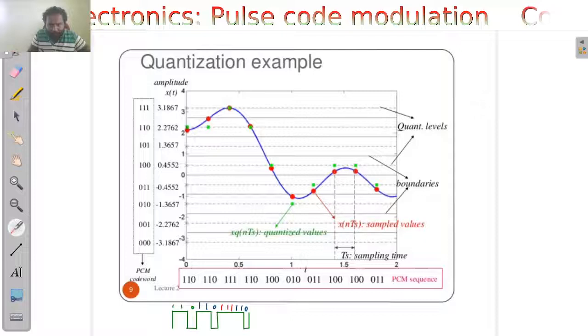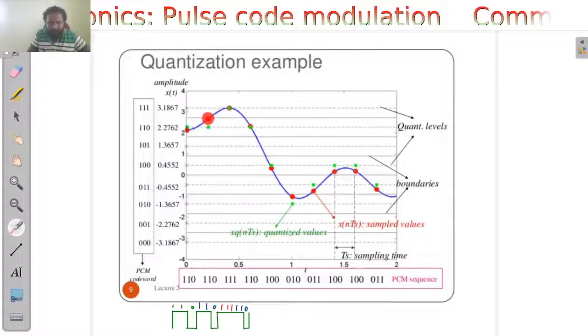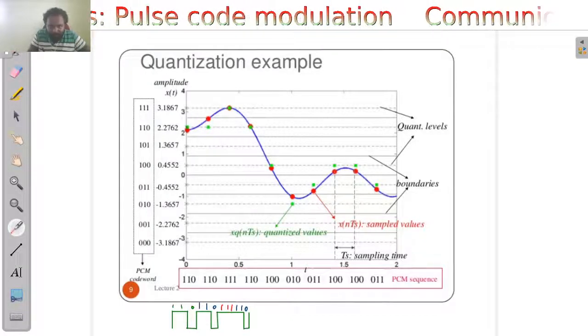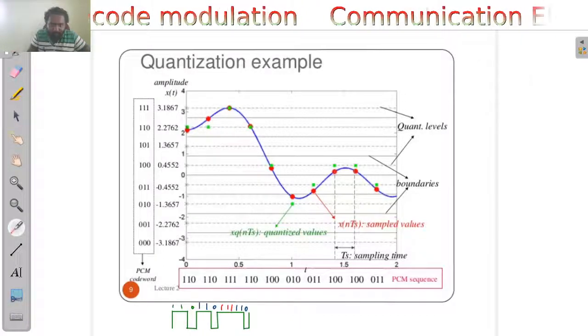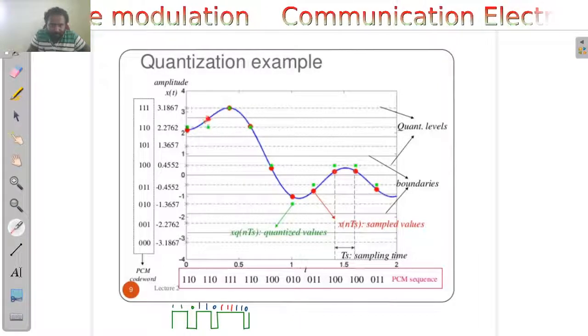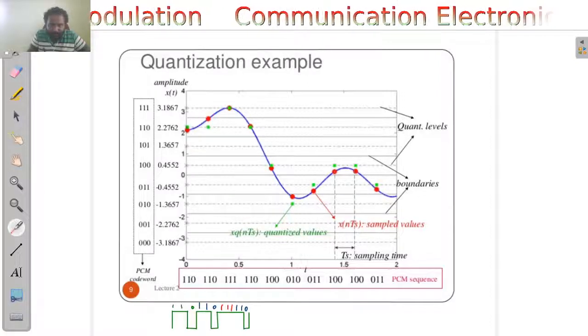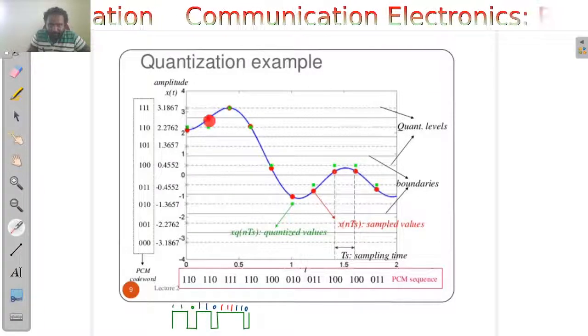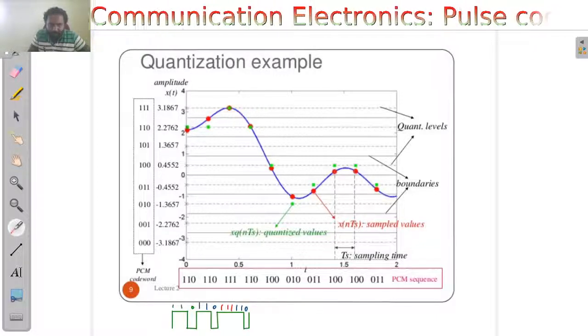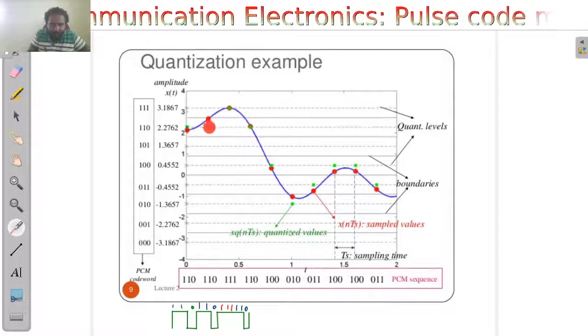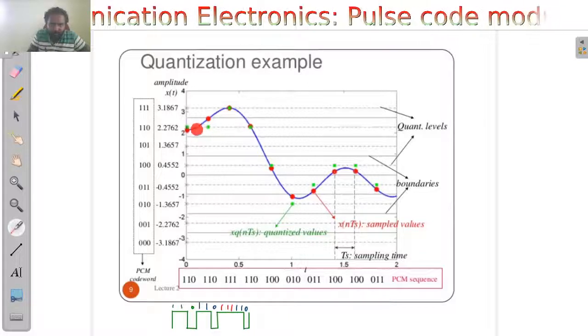Now when you approximate the red colored sampled signals, you have to consider the nearest possible quantization level. When you consider this second sample, the red colored sample here, it is just below this solid boundary and just above this dashed line, this quantization level.